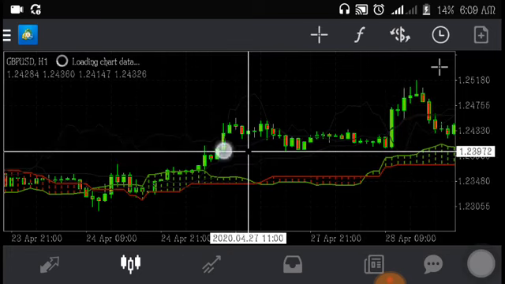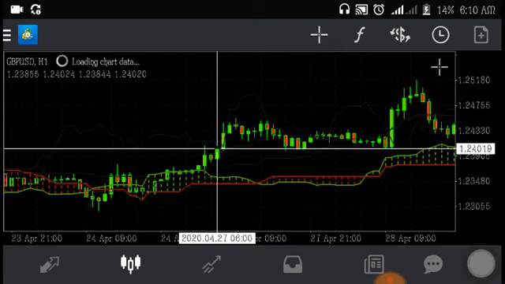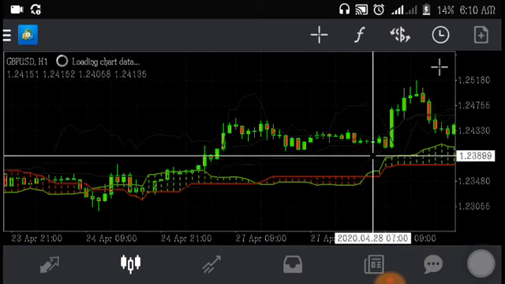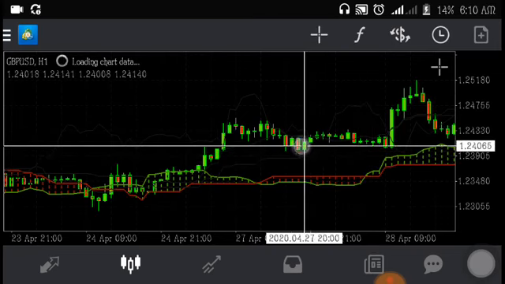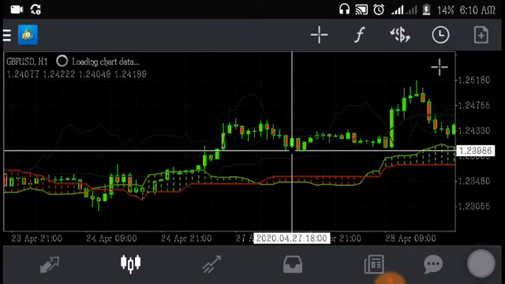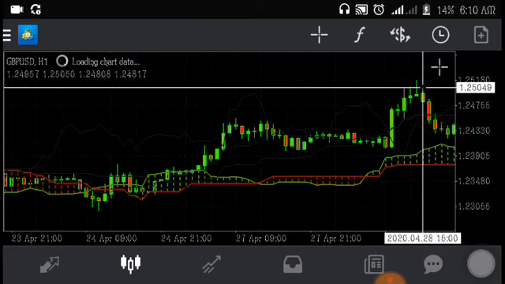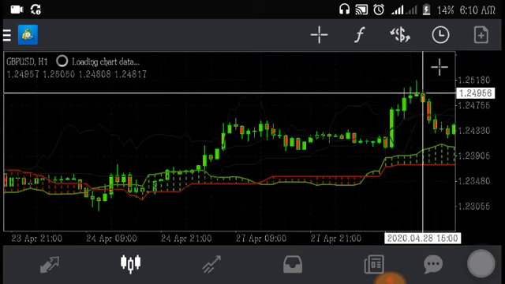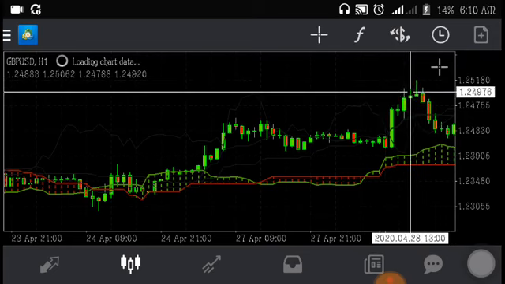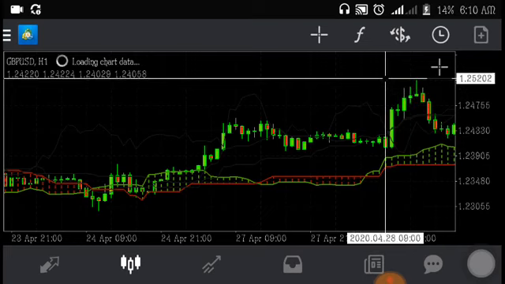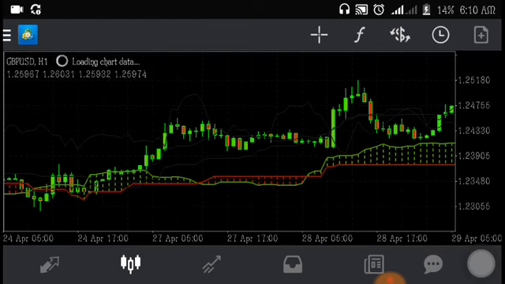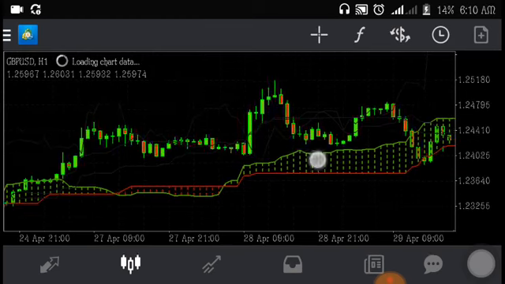So from the close of that candle, let's say 24.00, and it moved all the way to almost 25, let's say 25.10. It moved all the way to 25.10, which means we got 100 pips there. That's 150 pips.